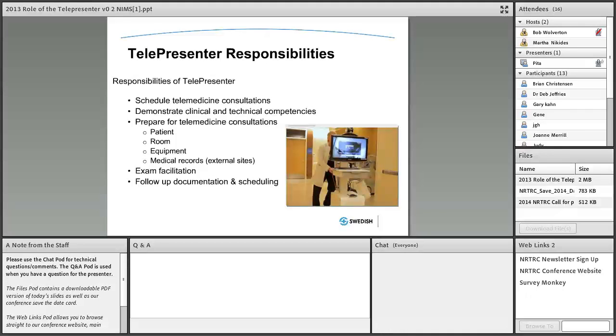During that period of time, the telepresenter is managing the room. They're facilitating the exam, making sure all questions are being answered, making sure that the physician is getting what they need on their end, and also documenting what happens within the exam itself. Once they're done, they will clean the cart and mobilize it back to where it's stored, as well as making sure that the family or the patient doesn't have any further clarifying questions.